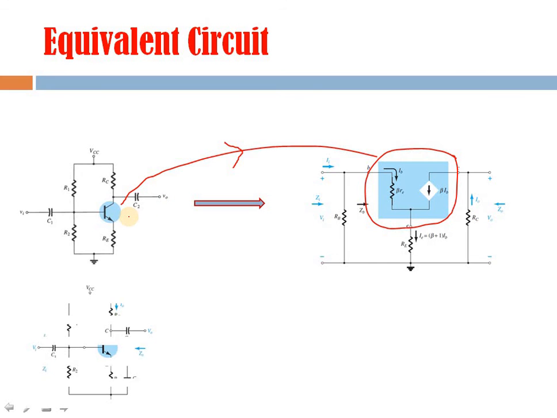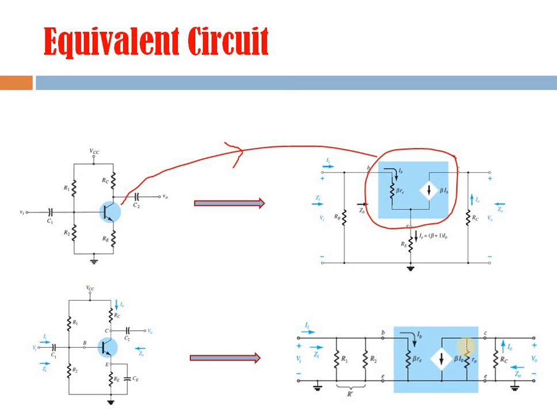But if we apply this bypass capacitor here, and this equivalent circuit is for the AC signal only, then the AC signal will not see this RE, it will be connected to ground through this capacitor. So in that case the equivalent circuit is something like this.